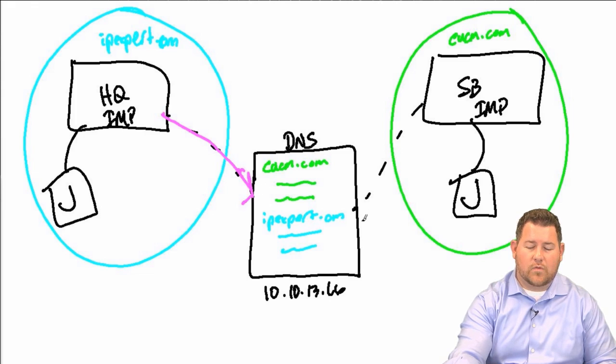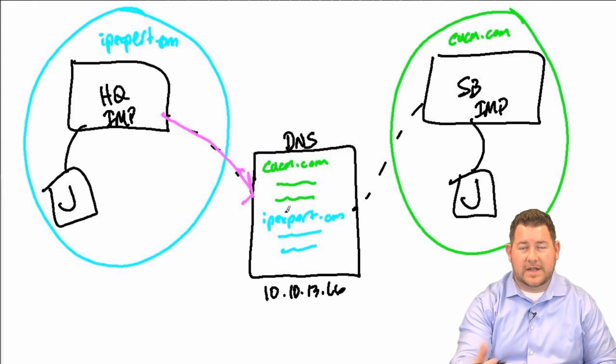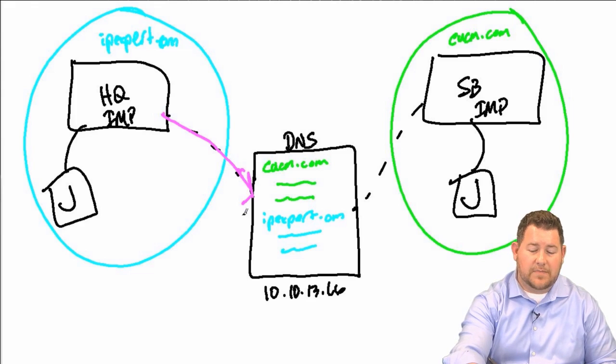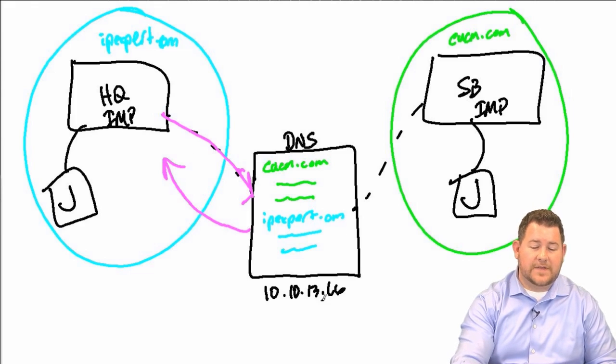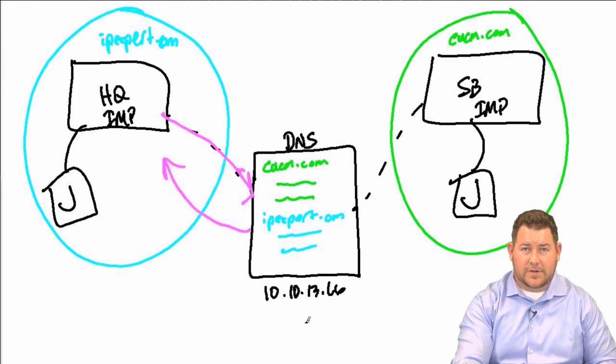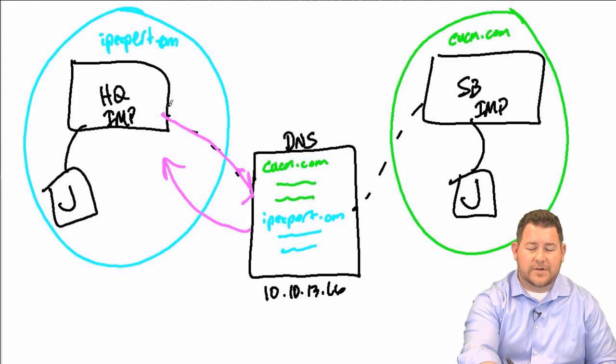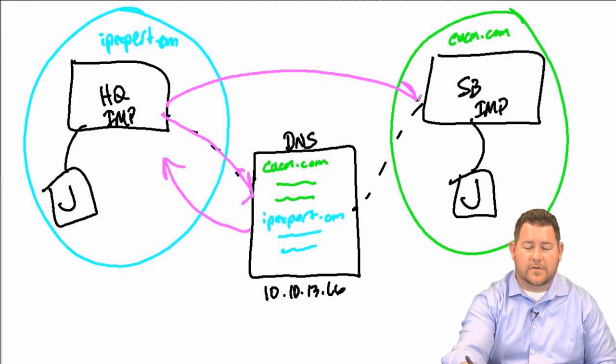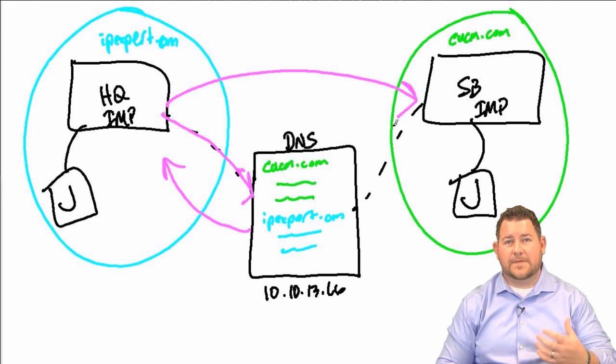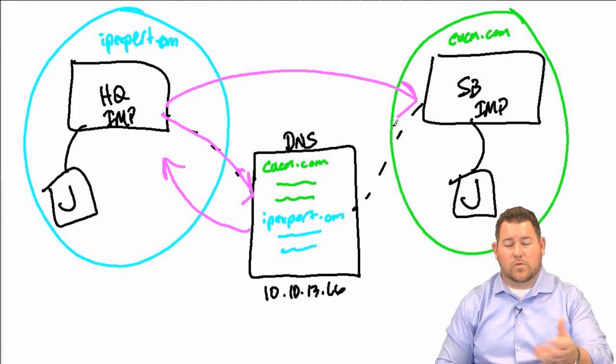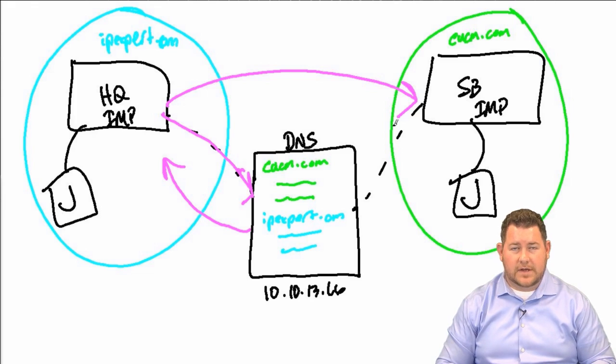And that DNS server will go and look at its actual hosts and domains that it has, and what it's responsible for, and then it'll actually send a response back with the information that the HQ server is looking for. We'll talk about what that is, and then the HQ server will now know to go to this other server itself. So it's got to hit the DNS server, DNS responds, and then the HQ IM&P presence server will go to the Site B IM&P presence server to resolve the information that it wants to resolve.